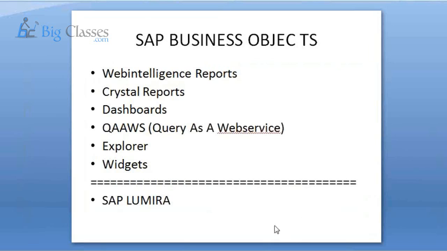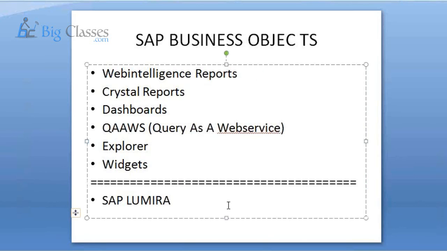But business objects provides industry specific solutions, based upon the nature of the organizational data. So business objects provides these various reporting formats. Each and every report has its own advantages.